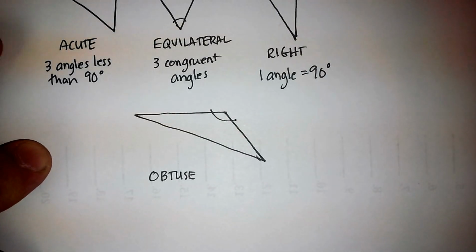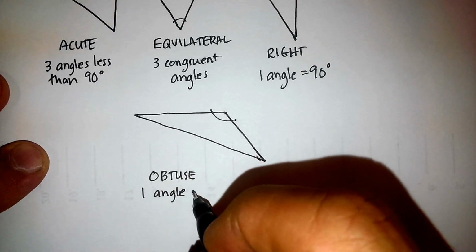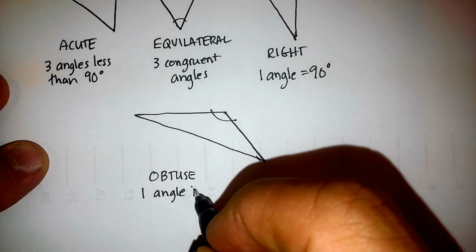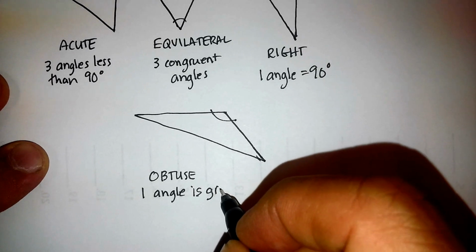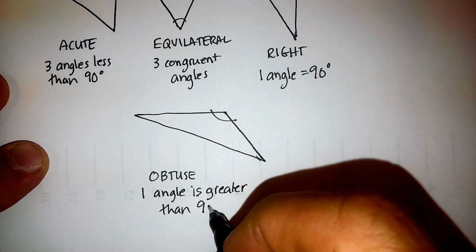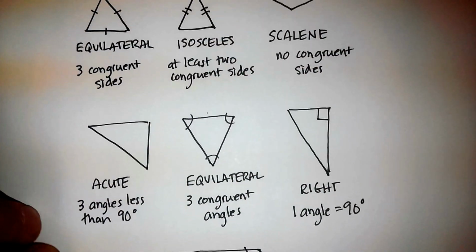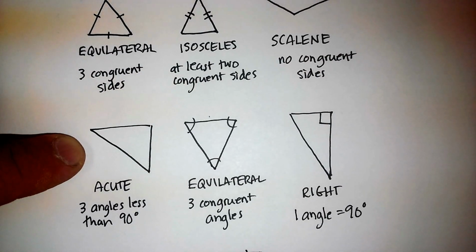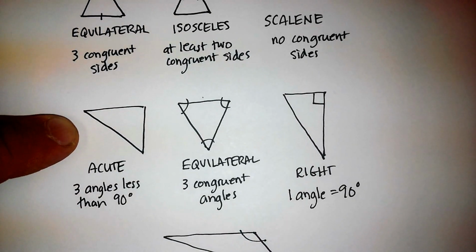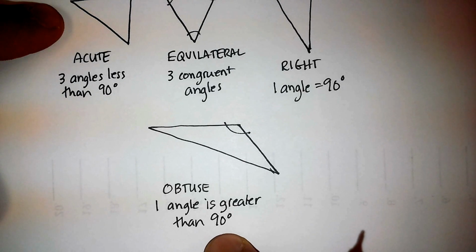An obtuse triangle has one angle that's greater than 90 degrees. So in an acute triangle, you have to have 3 angles that are less than 90 degrees, but in an obtuse one, you only need 1 angle that's greater than 90. Okay, and that's the difference.